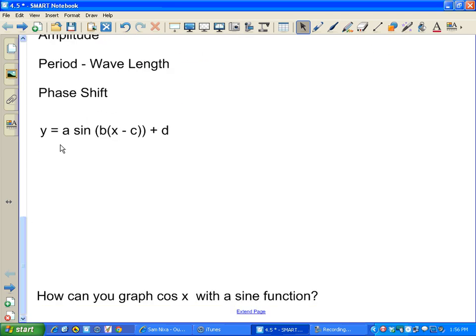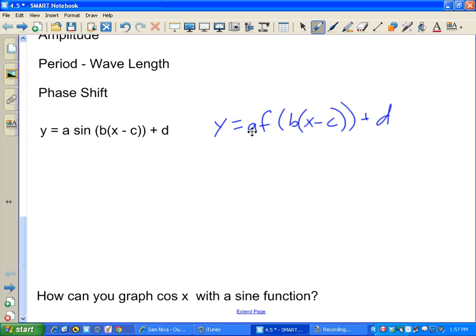Now, here's how our A, B, C, and D fit in to sine, cosine, tangent, all those different functions. We're going to deal just with sine and cosine today, but this comes again from our y equals A f of B times x minus c plus d. That same thing we've been dealing with every time we get a new function.